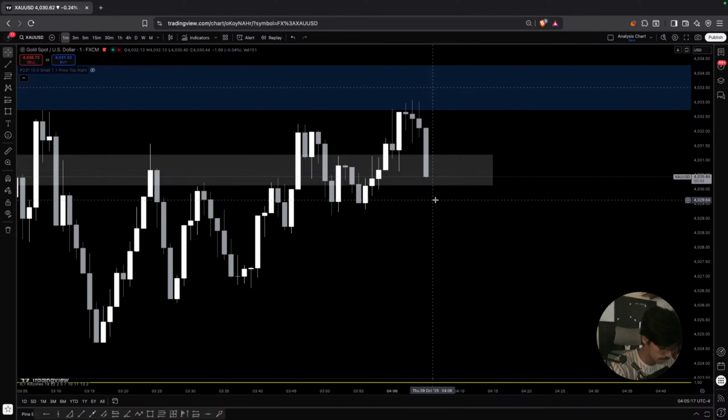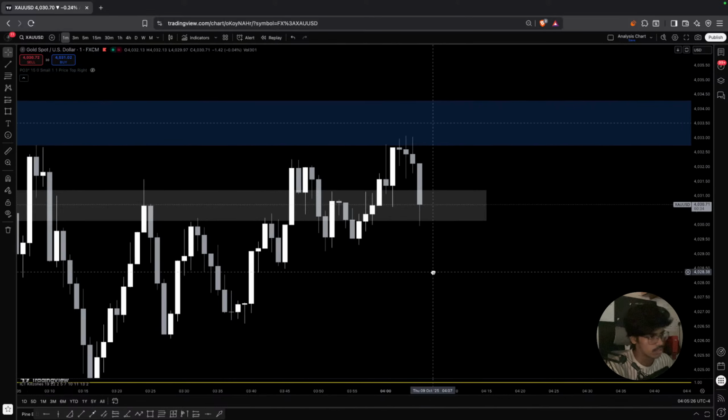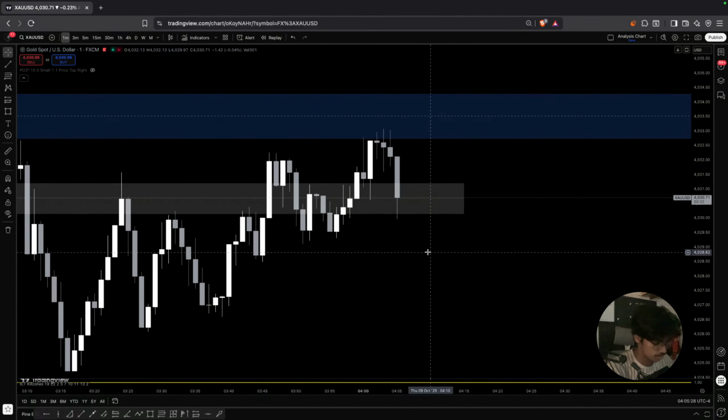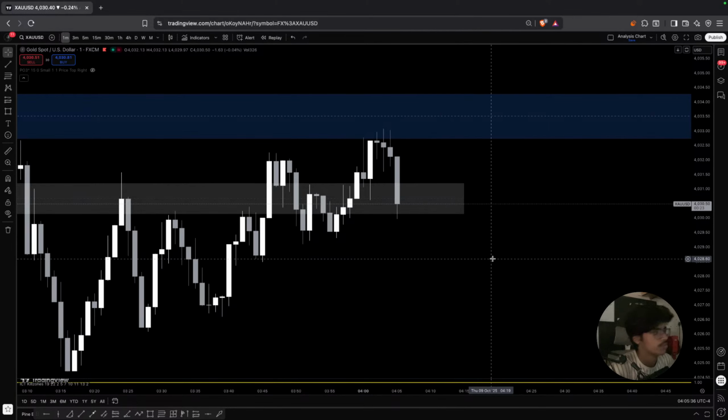Let's watch on the 2-minute time frame. There is no inversion of fair value gap. So this downward move doesn't contain anything. There is no inversion of fair value gaps, not on 2 minute and not even on 3 minutes. We will have to wait.